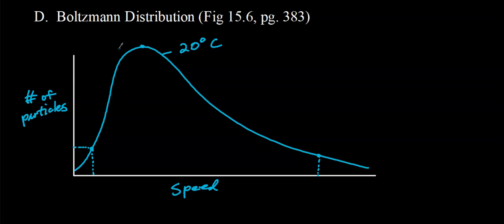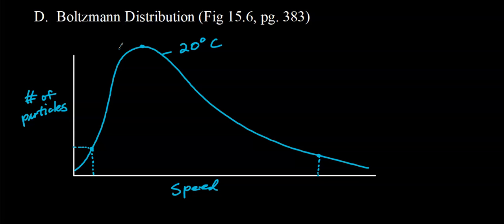The question is, how do we show this on this graph? Let's draw a second curve for this same substance, but at a higher temperature. What does that curve look like compared to this one? How can we show that at a higher temperature, more particles are moving faster than at the lower temperature? Go ahead and pause and think about that.